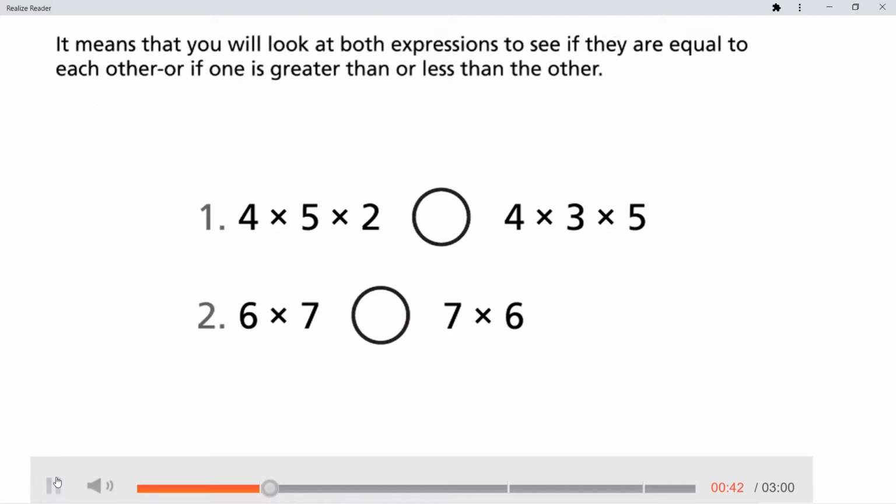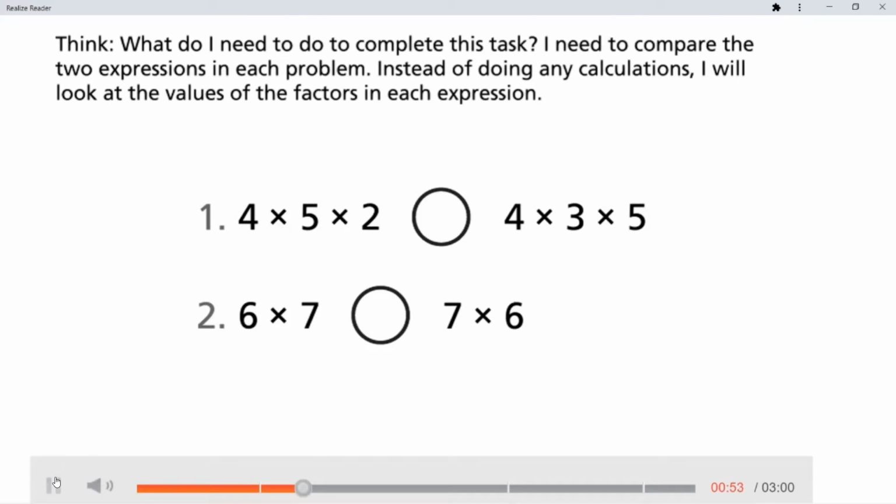It means that you will look at both expressions to see if they are equal to each other, or if one is greater than or less than the other. Think, what do I need to do to complete this task? I need to compare the two expressions in each problem. Instead of doing any calculations, I will look at the values of the factors in each expression.